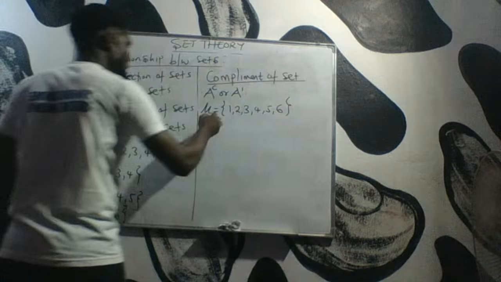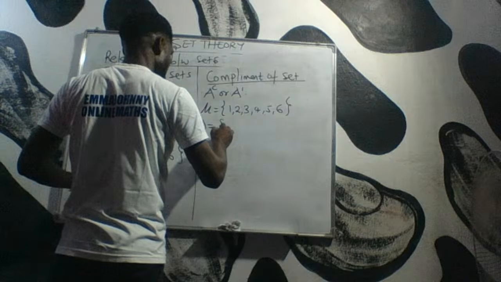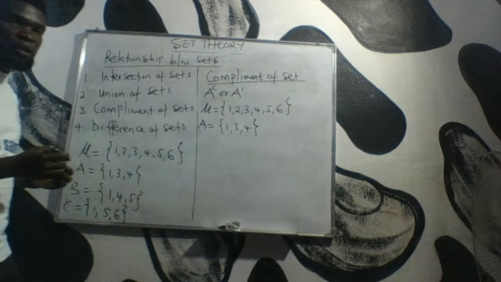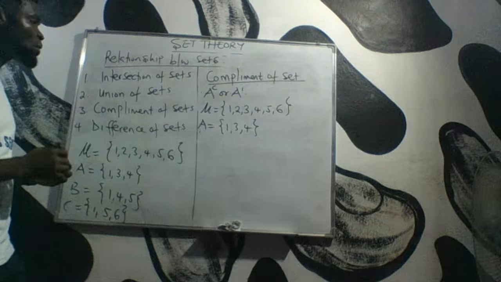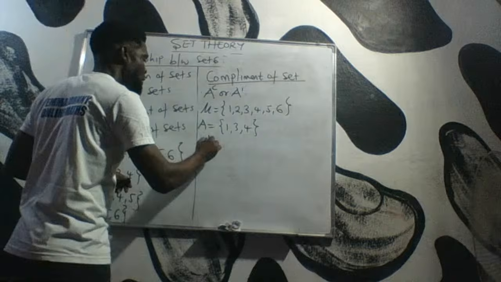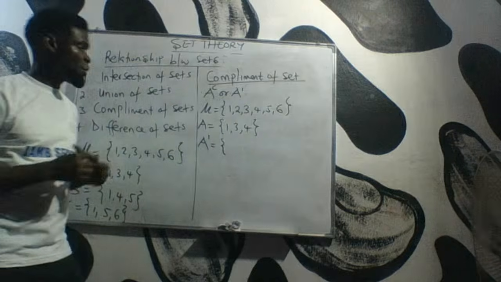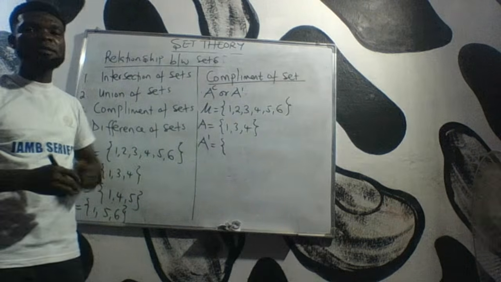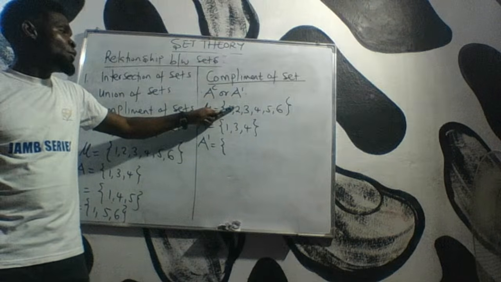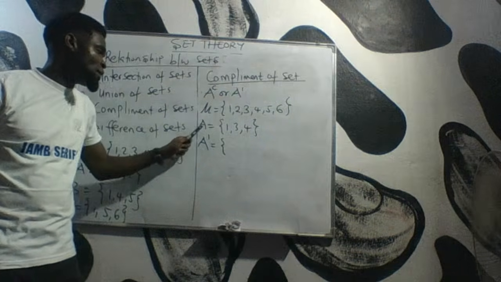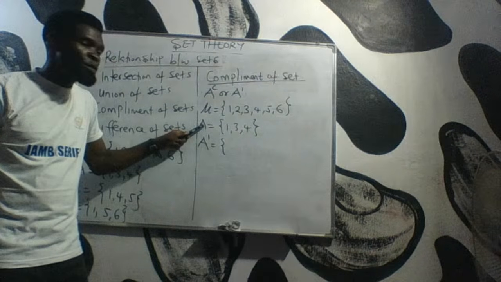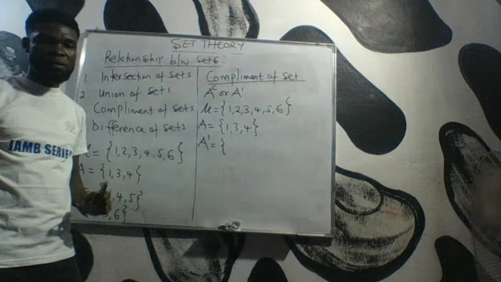The elements of set A are 1, 3, and 4. Now, I want to find A complement, A prime, which is A complement. For me to get A complement, it simply means go to the universal set, remove all the elements of set A. Whatever is left becomes the complement of set A, which is A complement.